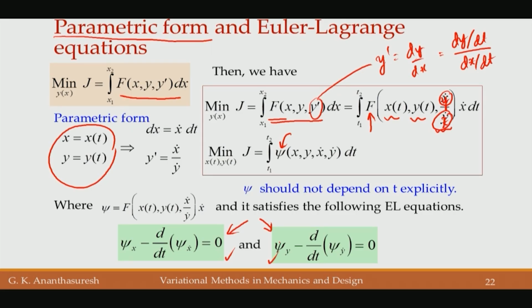When these equations are solved, you get the solution for x of t, y of t. Note that you have two unknown functions as opposed to one unknown function. In the parametric form, instead of y of x being unknown, you have x of t and y of t as unknowns. Accordingly, you get two differential equations.